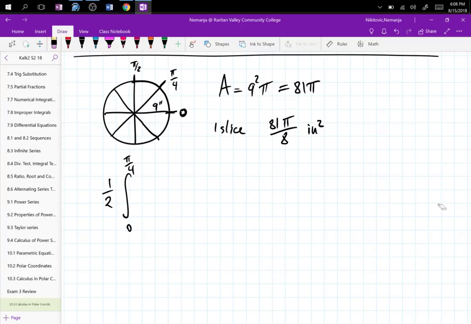Exactly. So now we have 9 squared, we have to square the r. Now r is constant because it's a circle. And even though I know there should be a company that makes square pizzas, which is weird, but whatever. And then we have d theta.